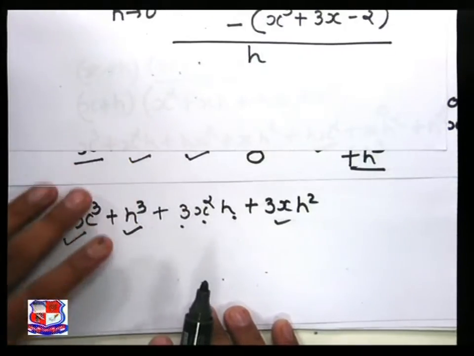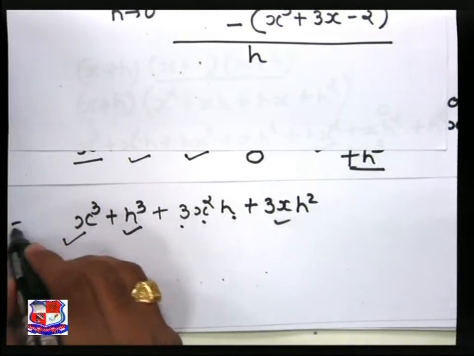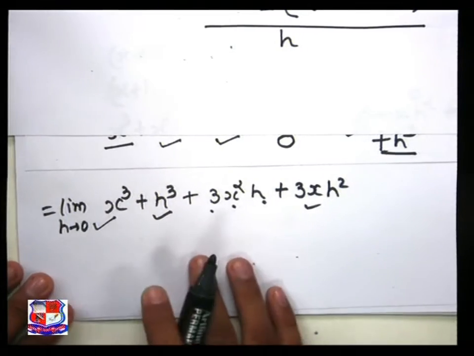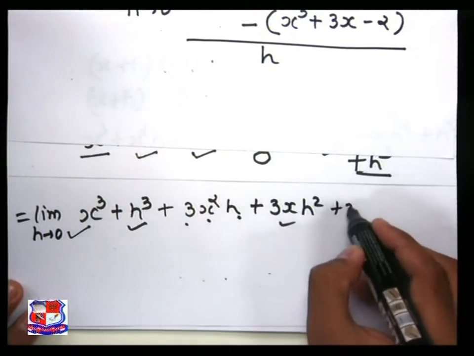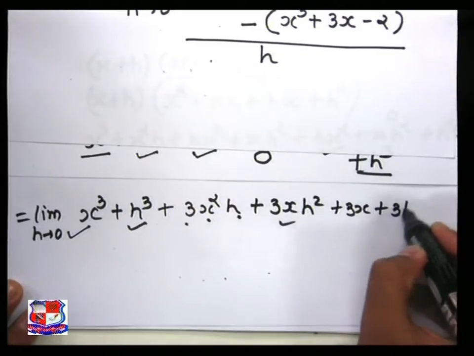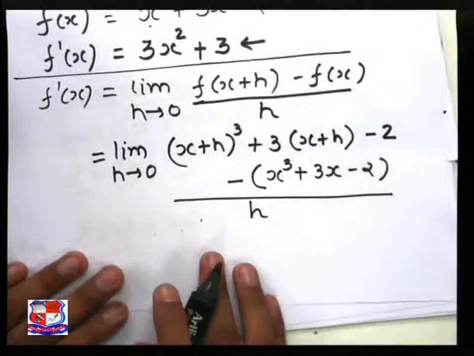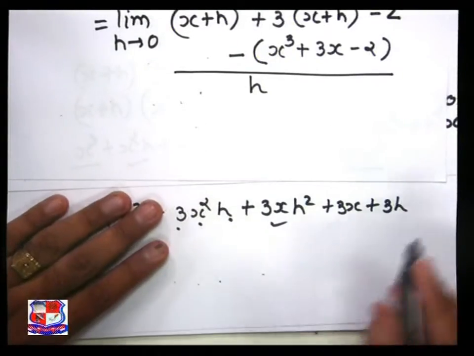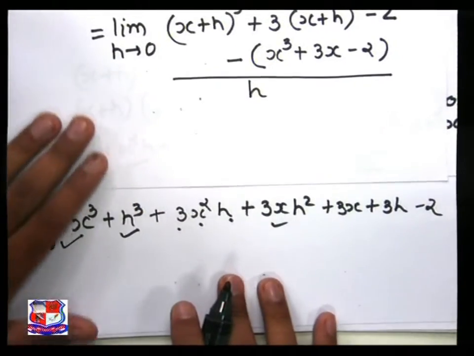So we can write it, here we apply the equal sign, limit h tends to 0, here 3x plus 3h. Now again minus 2, write it as it is, here minus 2.